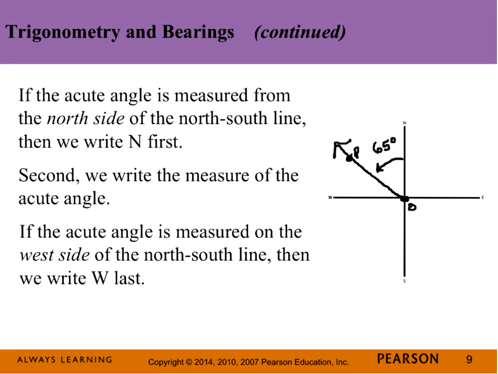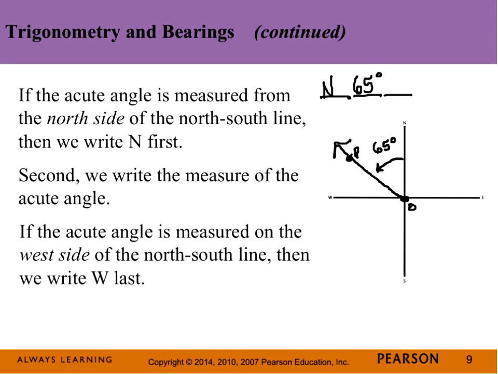So if I want to give the bearings for that particular position, I've got three spaces that I need to fill here. I need to tell which side of the north-south line it's on, so it's on the north side. It is a 65-degree angle, which is always measured from the north-south line.